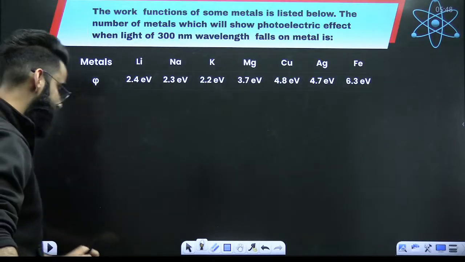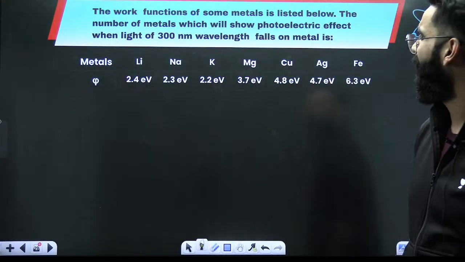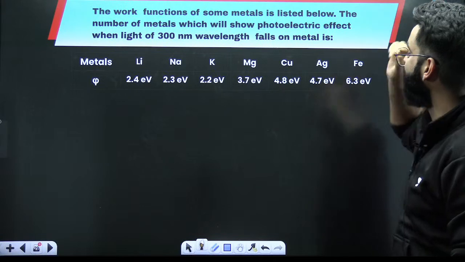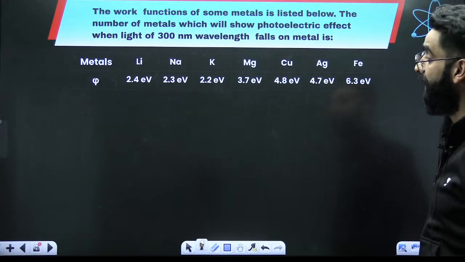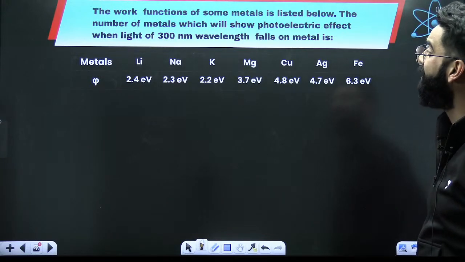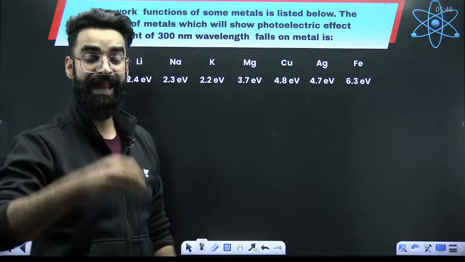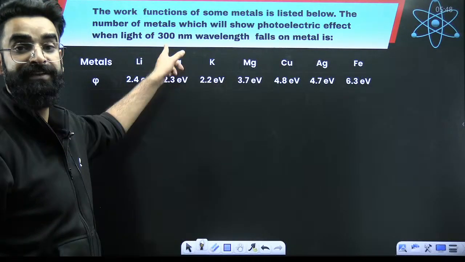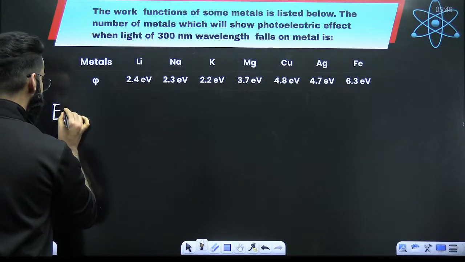Now, my dear students, if this is clear, can you answer me this question? The work functions of some metals are listed below. The number of metals which will show photoelectric effect when light of 300 nanometers falls on the metal. So the light which is going to fall on the metal has a wavelength of 300 nanometers. So what is the energy of the incident light?